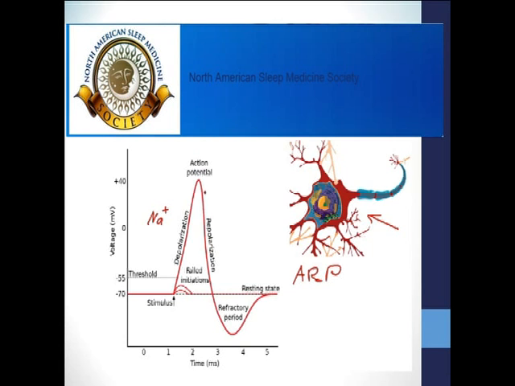Once they start resetting to their closed state, you can stimulate it to do another action potential. However, if there are only a few sodium channels reset, it's going to take a significantly stronger stimulus to cause the membrane potential to reach the point where we can stimulate the action potential to happen again.